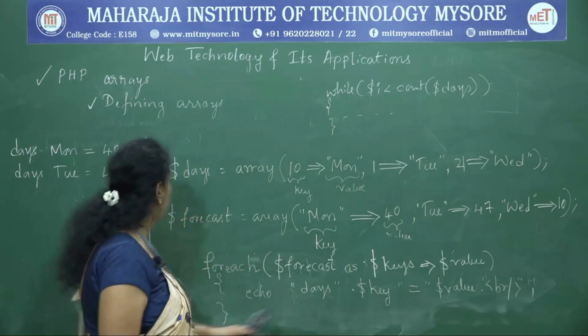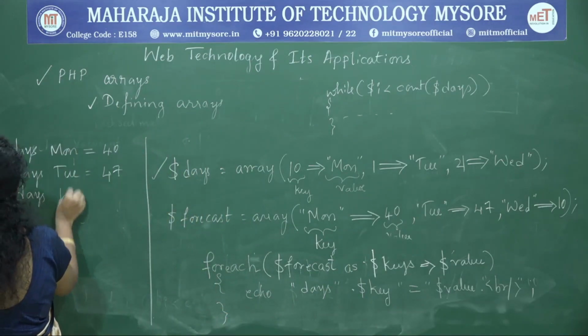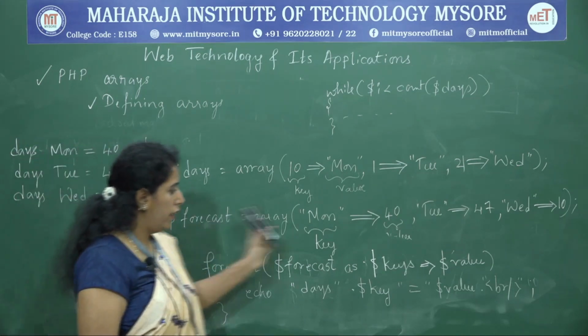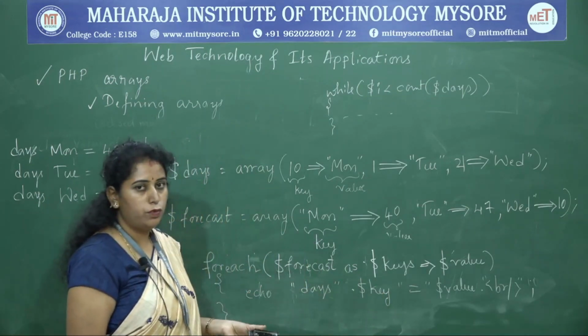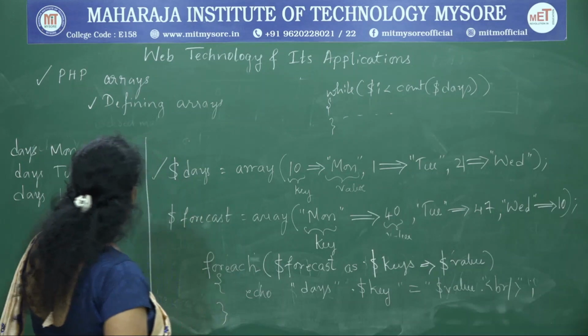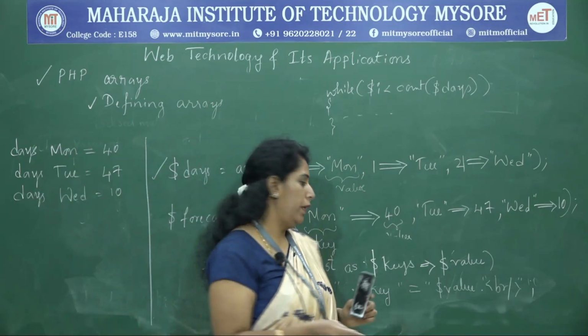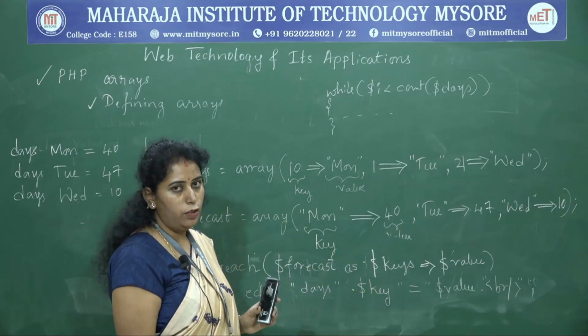So what it prints? Days Wednesday equals 10. So then it goes in here and it has no elements. Finally it comes out of the loop. So you can notice how we get the output when we make use of foreach with respect to keys and values.